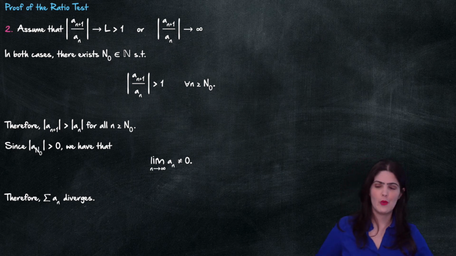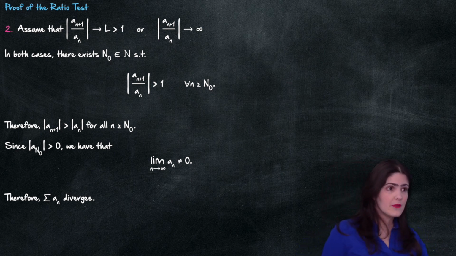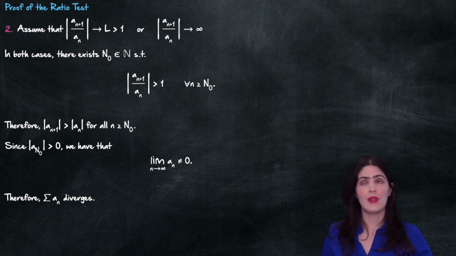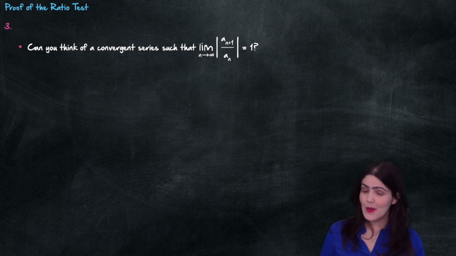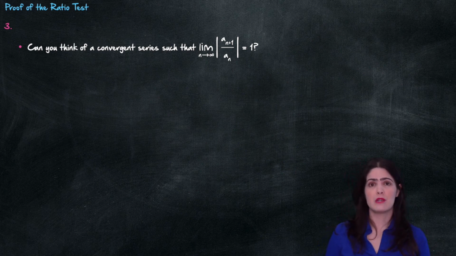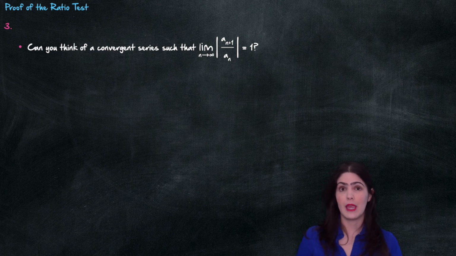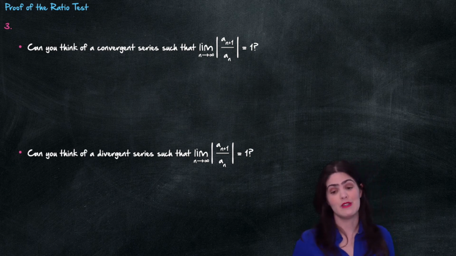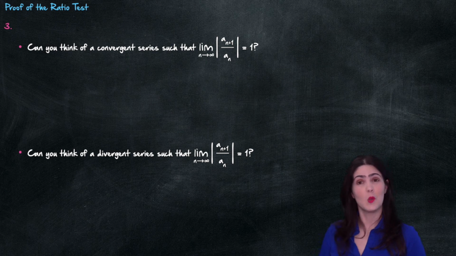Okay, very good. So we know that if L is less than 1, my series is absolutely convergent. If L is greater than 1 or the limit is infinity, then we're divergent. So what happens with L equals 1? Well, I will ask you, can you think of a convergent series such that the limit as n approaches infinity of a_{n+1} over a_n is equal to 1? Can you think of a divergent series such that this limit is equal to 1?